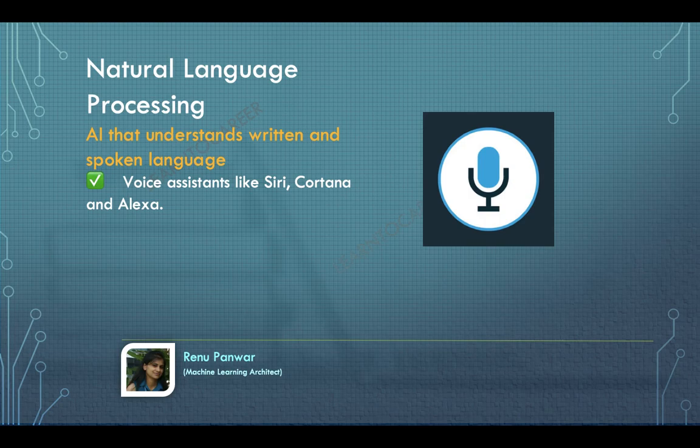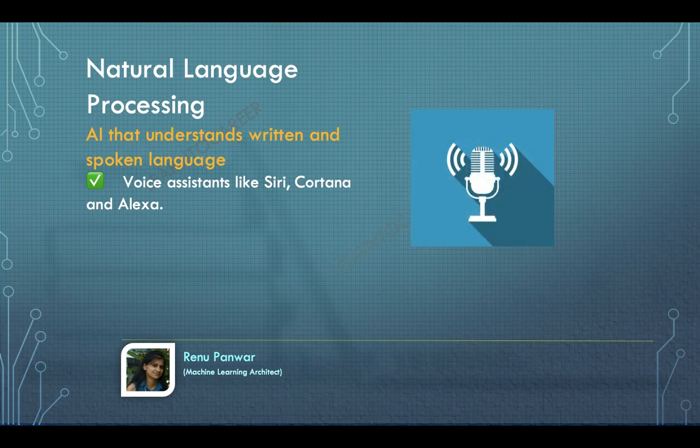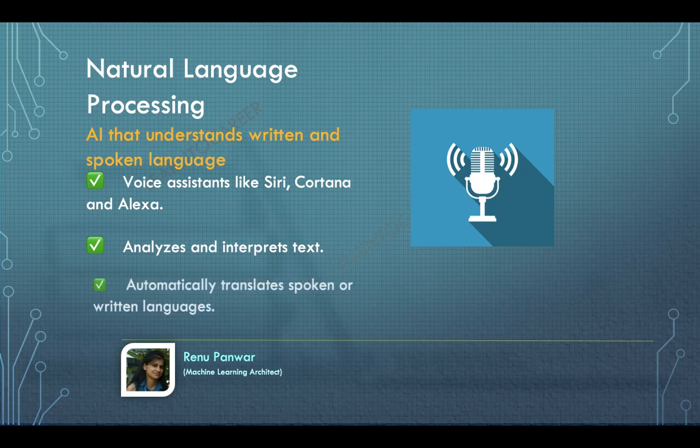So if I asked, "Hey Siri, am I going the right way?" we could get a response back that we are on the right path. Now, there is more we can do with natural language processing, such as analyzing and interpreting text, and we can also automatically translate spoken or written languages.